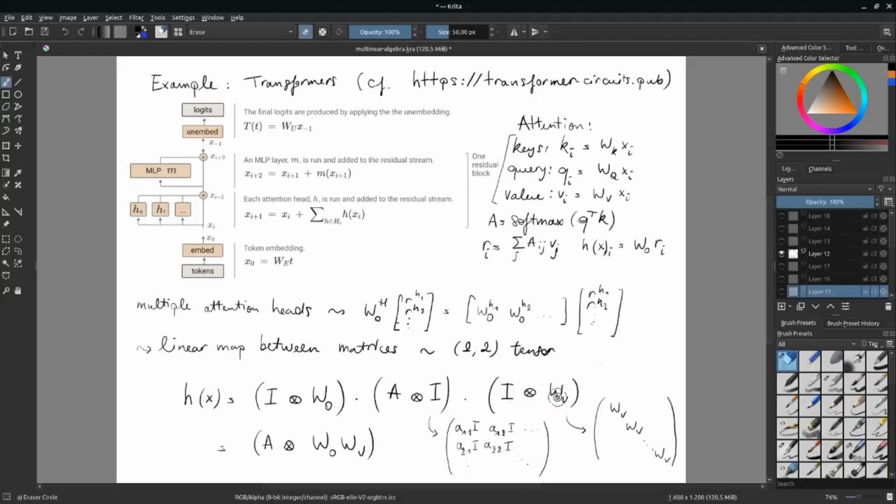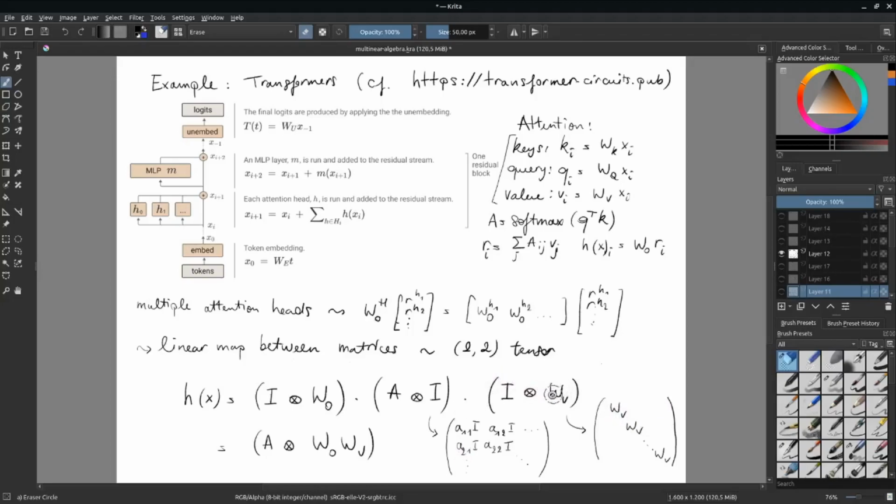Eventually what it works out to be is, if we read from right to left, I first apply the tensor product of the identity matrix with my value matrix W_V. Here the identity would be of size context length. If you compute this, you can think of it in block form as almost like an identity matrix, but with blocks, and each block is just the W_V matrix.